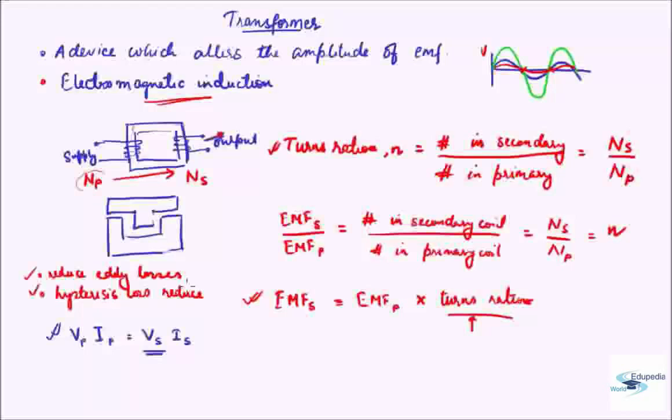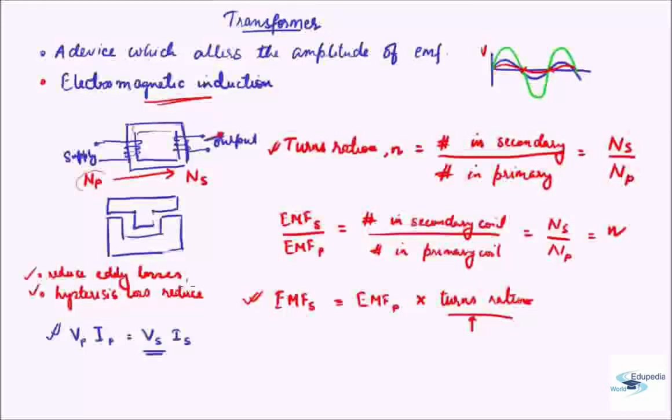Now, where are step down transformers used? Step down transformers are used basically in, let's say, night bulbs. They work at lower voltages, so we need to step down the voltage. Your mobile charging is normally at 12 volts, so you need to step down the voltage for mobile charging. The charger of mobile has the transformer inbuilt in it.